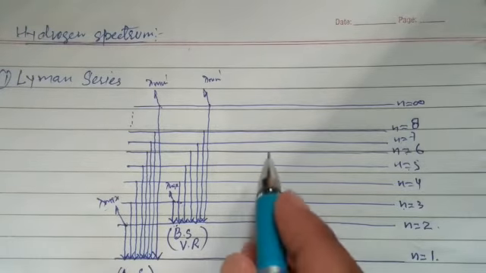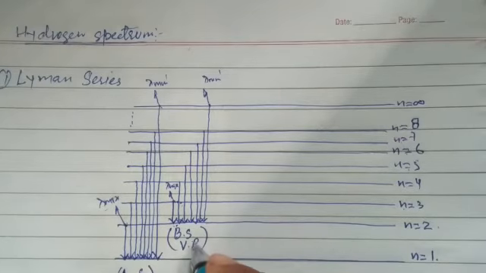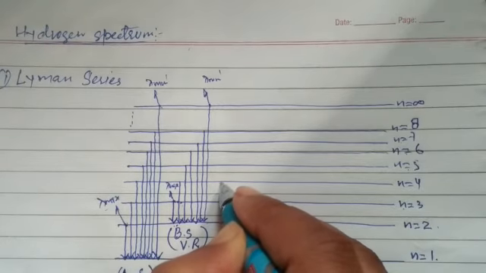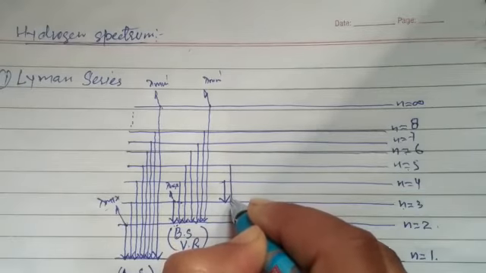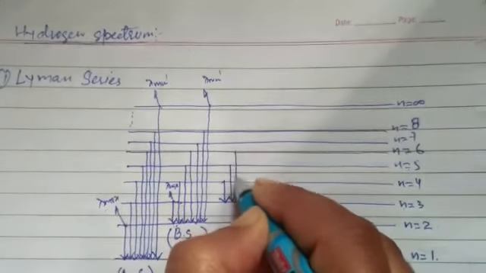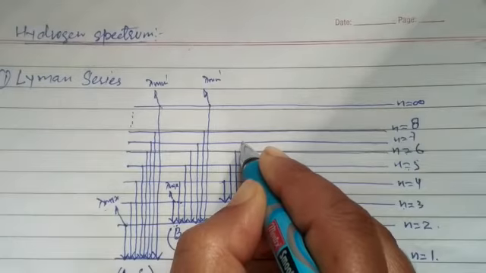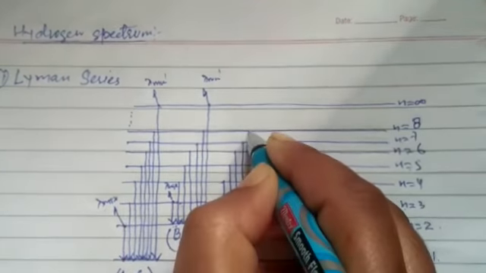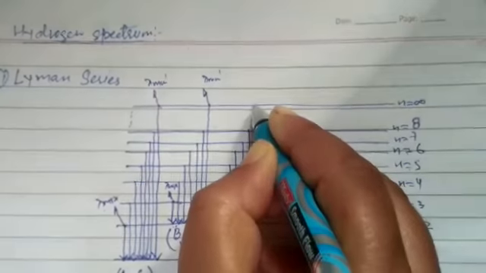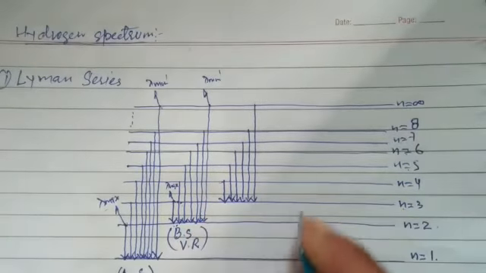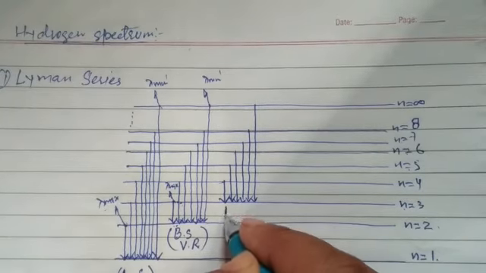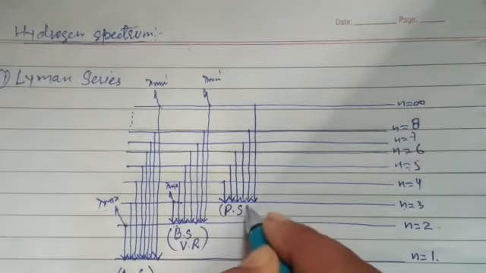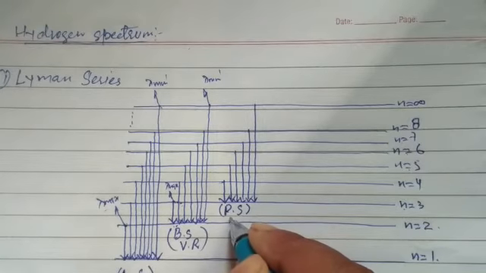If we have another series, this is the Lyman series, this is the Balmer series, then we have the Paschen series. What is the Paschen series? When the electron de-excites from 4 to 3, 5 to 3, 6 to 3, 7 to 3, 8 to 3, and infinity to 3, we get another series, which is called the Paschen series, and it falls in the infrared region.